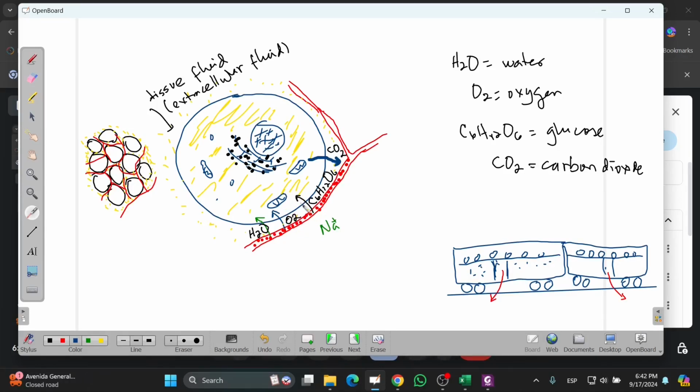When it is oxygen and glucose, we call the process diffusion or simple diffusion, right? And when it is water, just for the particular case of water, when water moves from where there is more water into where there is less water, we call that osmosis.